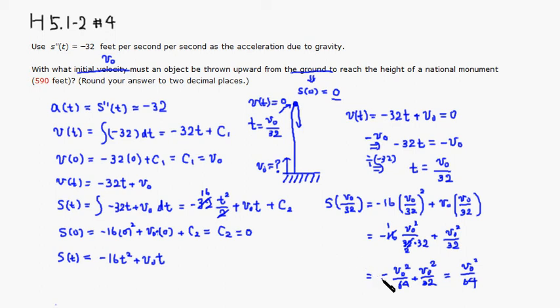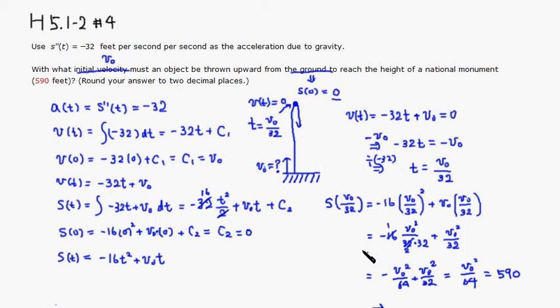So we want to make sure that this is equal to 590, and we're going to solve for v0.